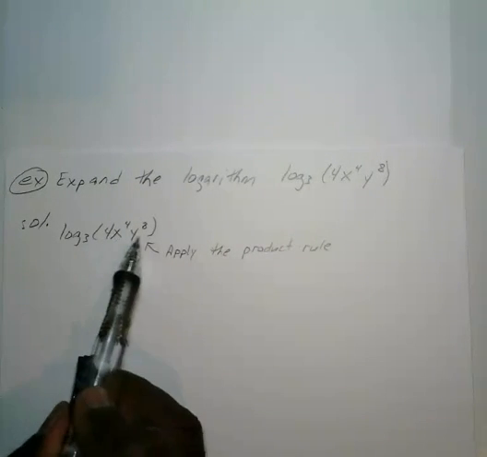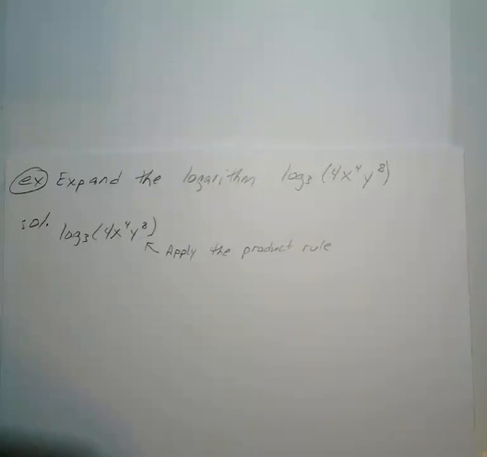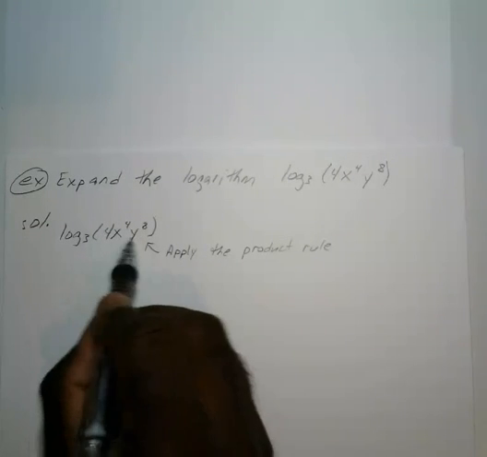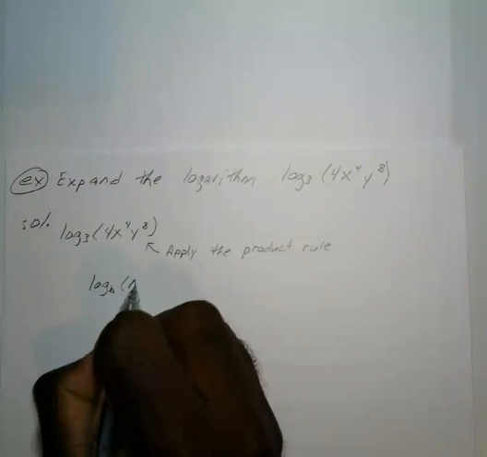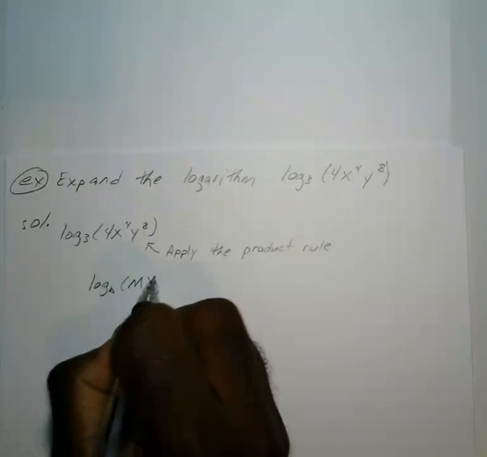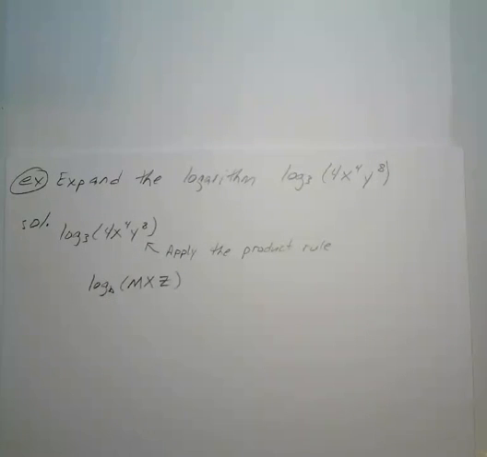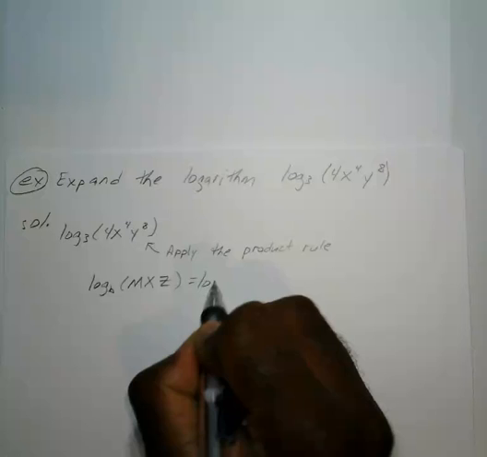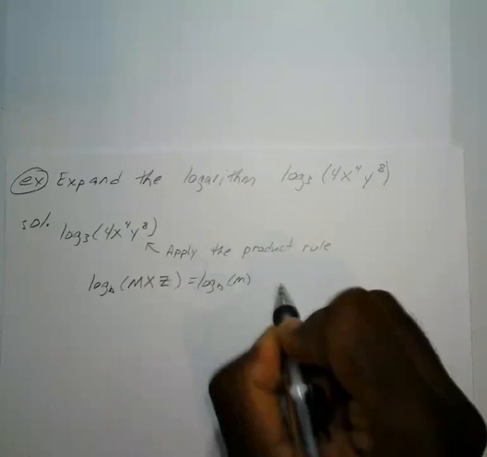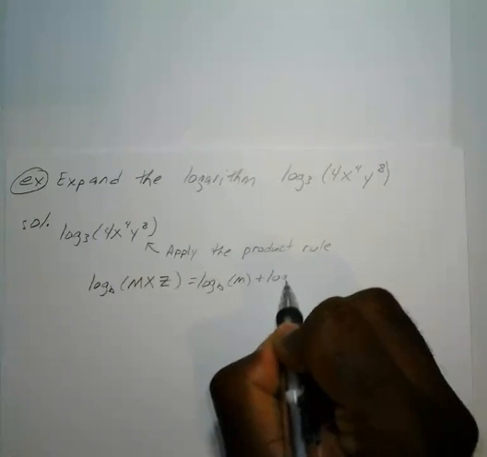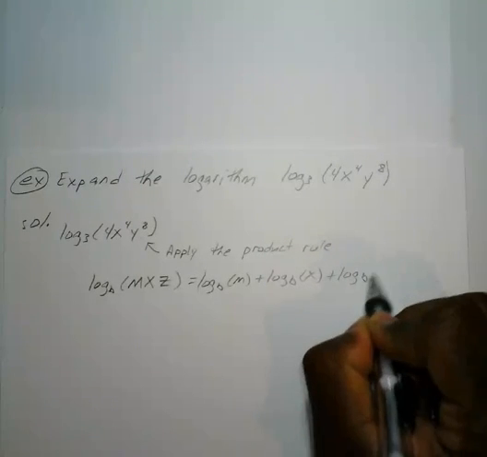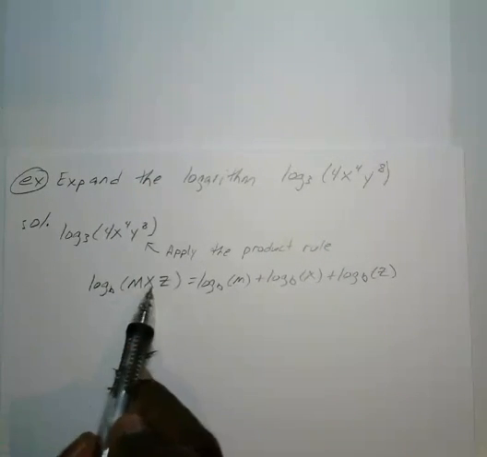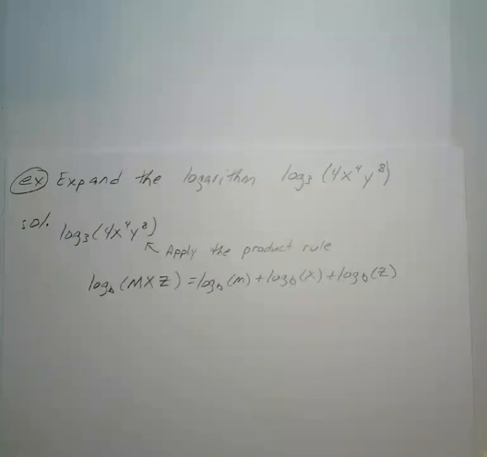But here we have 3 factors. Okay, so if you have 3 factors inside of here, let's say you have log base b of m x z, then that's going to equal log base b of m plus log base b of x plus log base b of z. So it doesn't matter how many factors you have in here, it's still just going to be added.